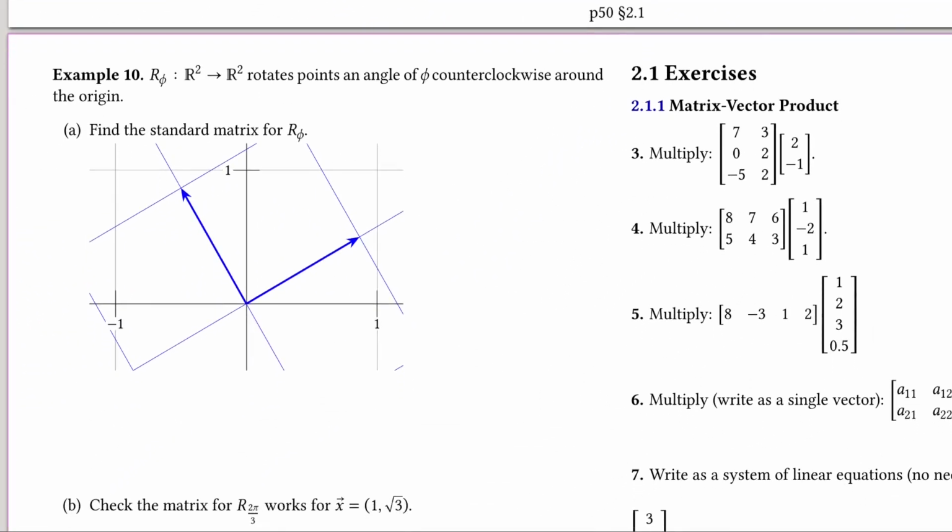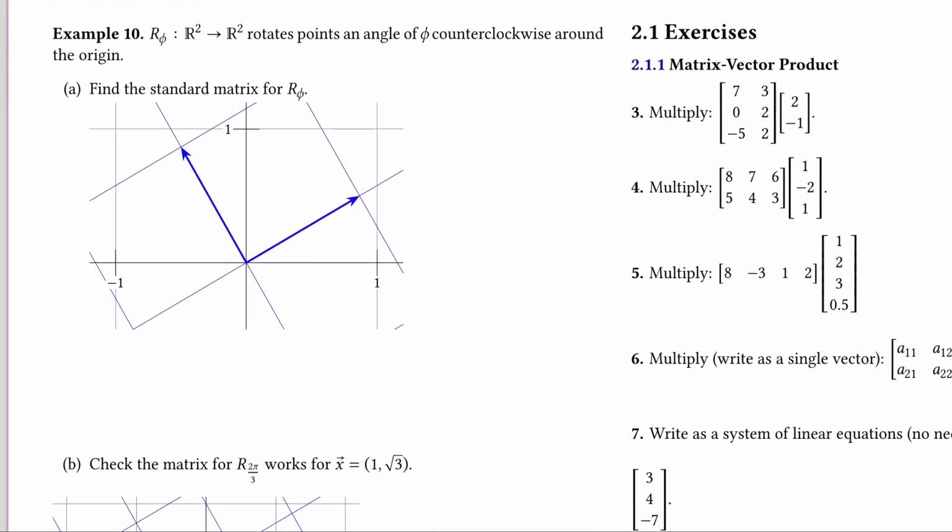Let's look at example 10. In this case, R sub phi rotates points an angle of phi counterclockwise around the origin. And it turns out this is a linear transformation, but how can we write it as a matrix transformation? What is the standard matrix for it?